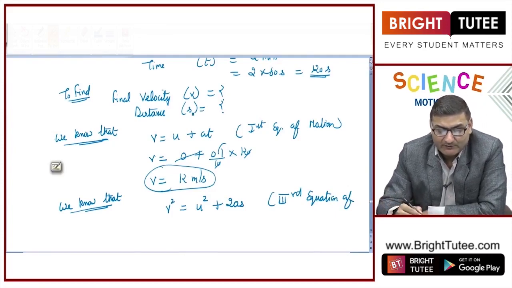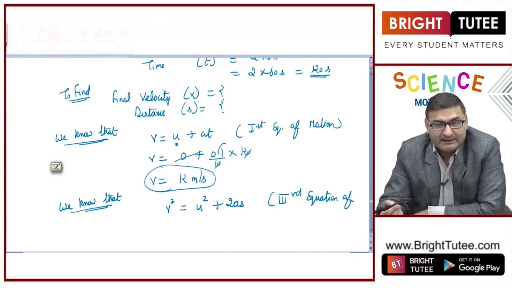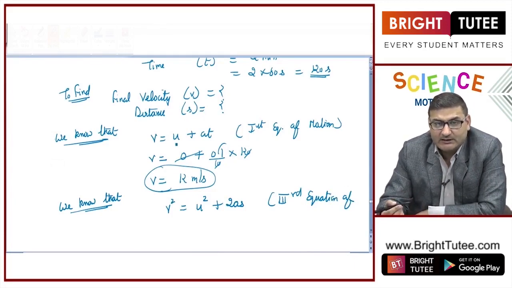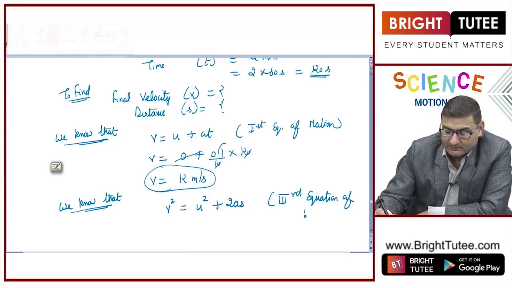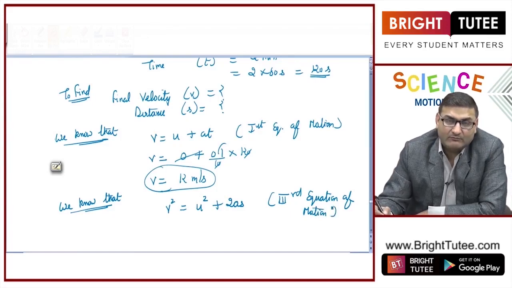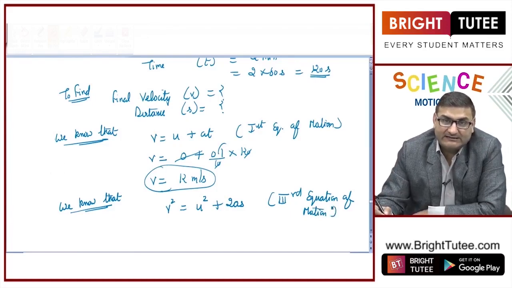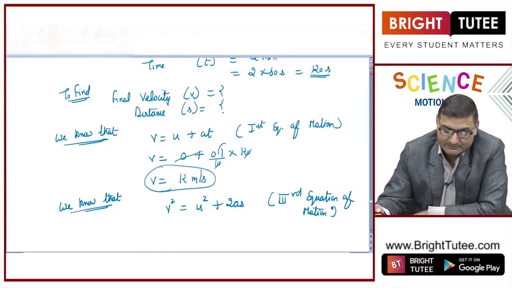Why? Because we could have calculated it separately with the second equation of motion also, s is equal to ut plus half at square, because u, a, t were given, right. So, that is one and the same thing. But importantly, we cannot calculate both final velocity and distance through any one equation. We had to use two equations.